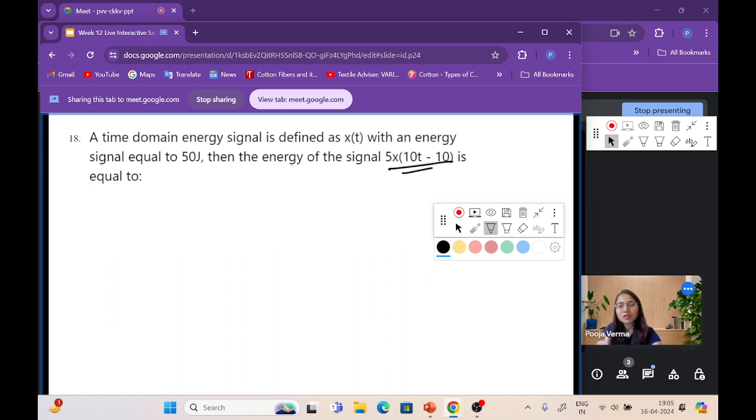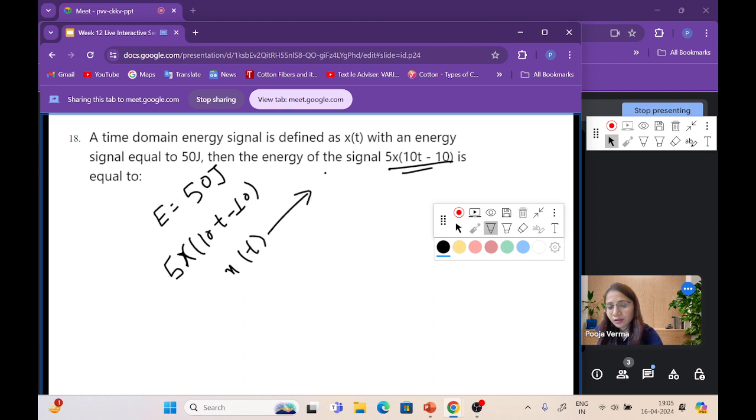If the energy of the signal xt is given, and let's say energy is represented by E, then the energy of xt is 50 joule. Then what will be the energy of 5x(10t minus 10)? As we know, any signal xt having energy E, given here as 50.